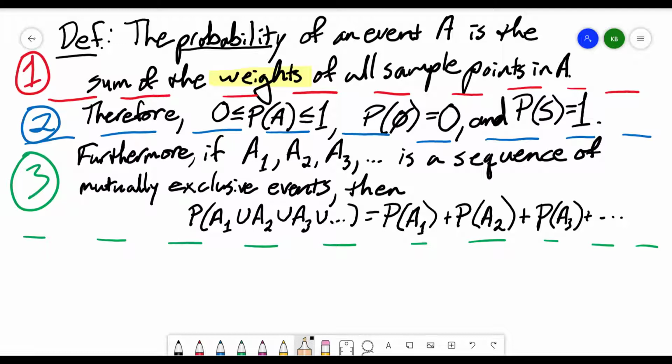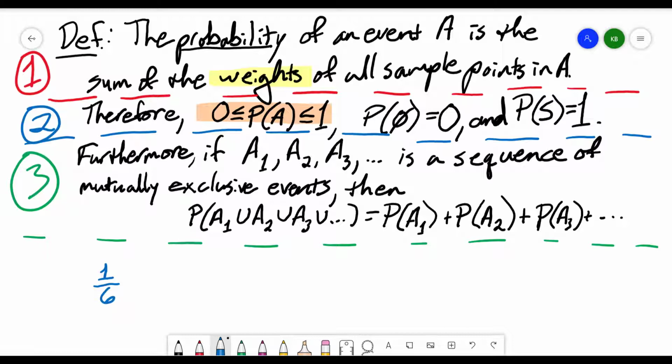In part 2, the potentially new part that we're seeing is this 0 is less than or equal to the probability is less than or equal to 1. When we talk about the likelihood of sample points, each one of those points is one potential outcome of a statistical experiment. Say I have a statistical experiment of rolling a dice. I have 6 possible outcomes, and each number has a weight of 1 out of 6.